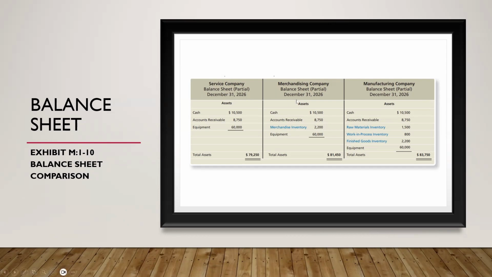So in the merchandising company, you have merchandise inventory, and in the manufacturing company, you have raw materials, work in process, and the finished goods inventories. Now, the partial balance sheet shows assets for a service company, merchandising company, and manufacturing company as of December 31st, 2026.